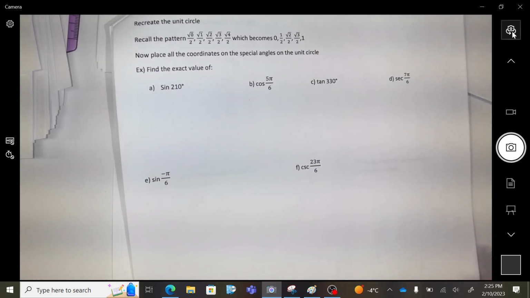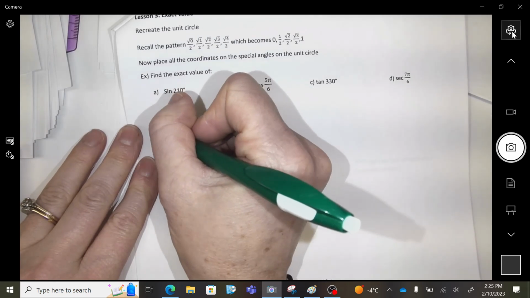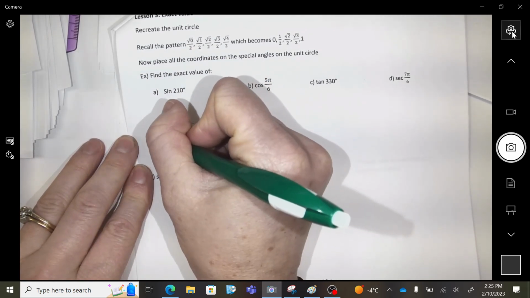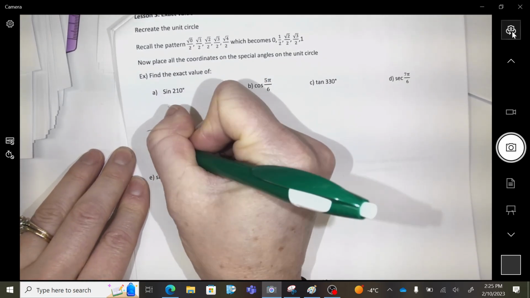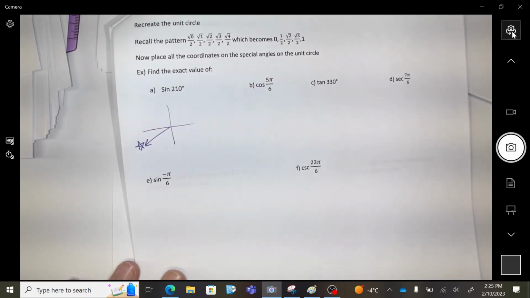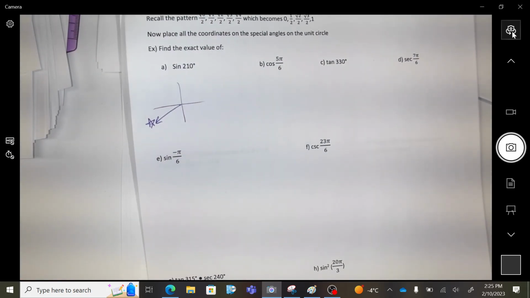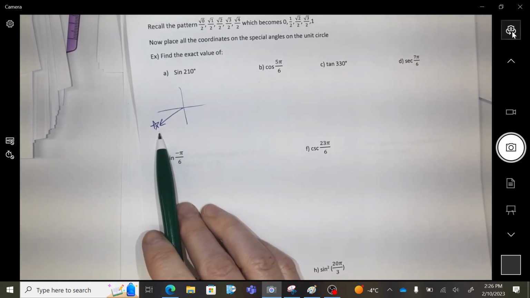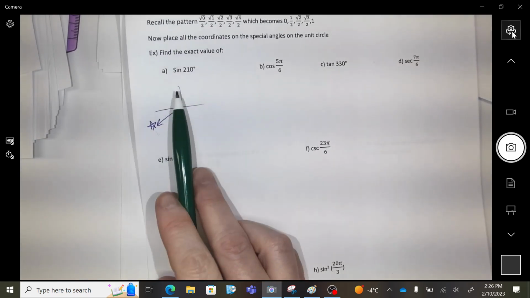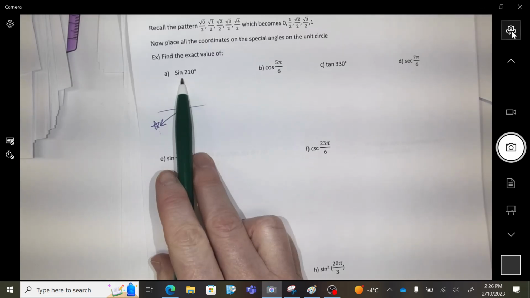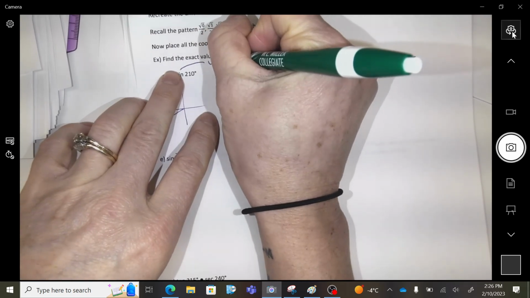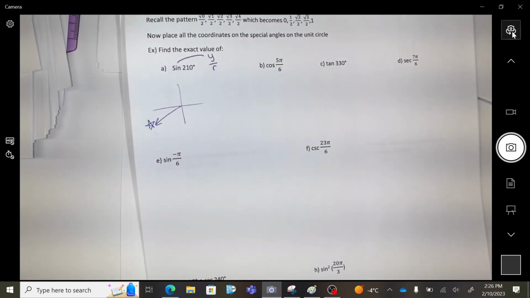Okay, so everyone has a unit circle in front of them? And there's 6 ratios. So I want you to go to 210. Okay, is everyone looking right there? That's where your eyes are. Sine is what? What letters do I do? Y and R. Sine is doing the y divided by r.